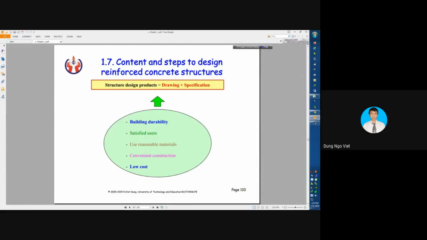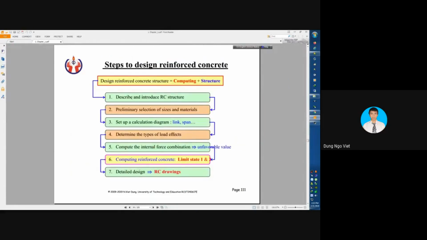So the design of reinforced concrete structures must ensure building durability, satisfy the user, use reasonable materials, be convenient for construction, and be low cost. Here is the flow chart for designing reinforced concrete with 7 steps.